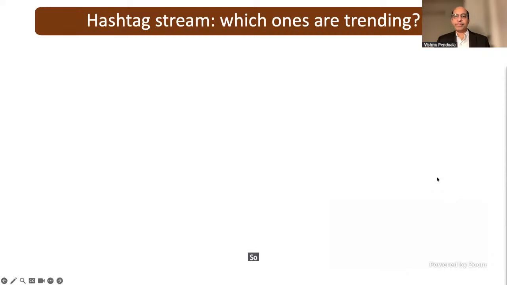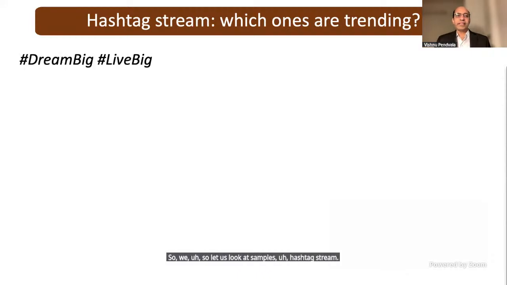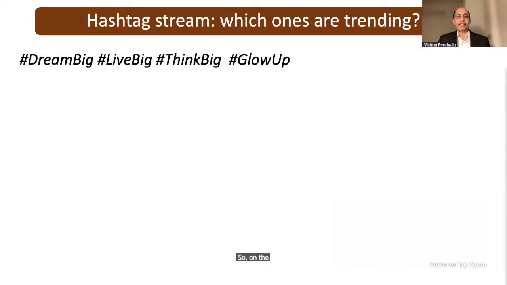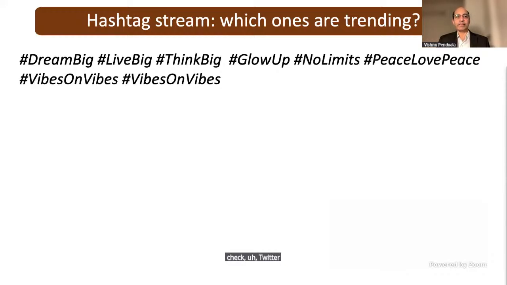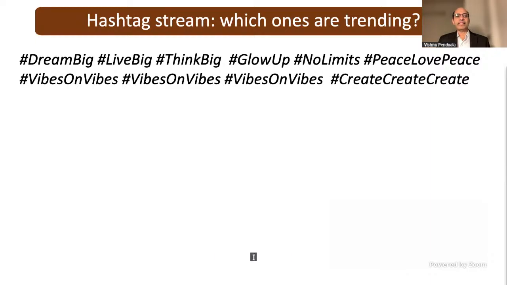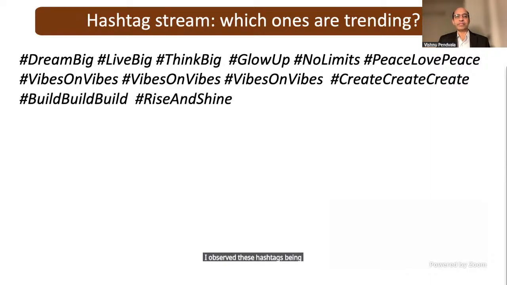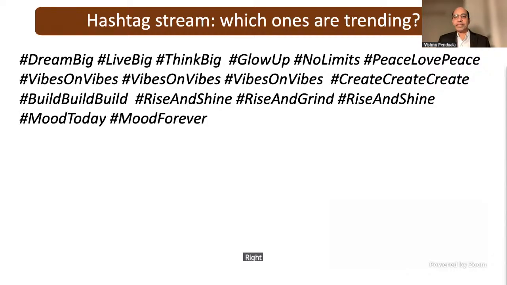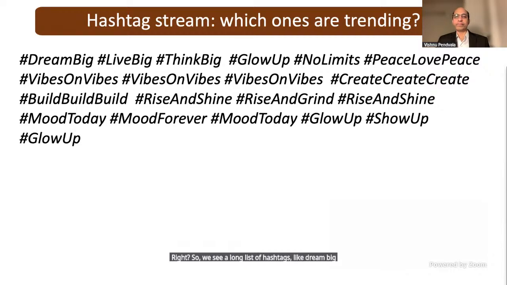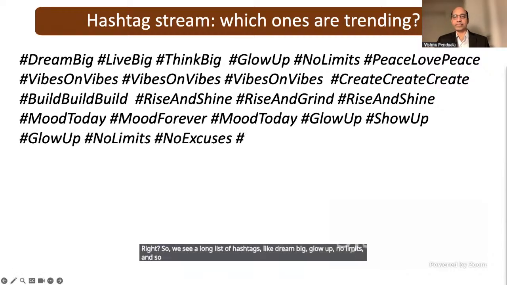So let us look at a sample hashtag stream. On the day that I checked Twitter long back, I observed these hashtags being used the most, right? We see a long list of hashtags like dream big, glow up, no limits, and so forth.